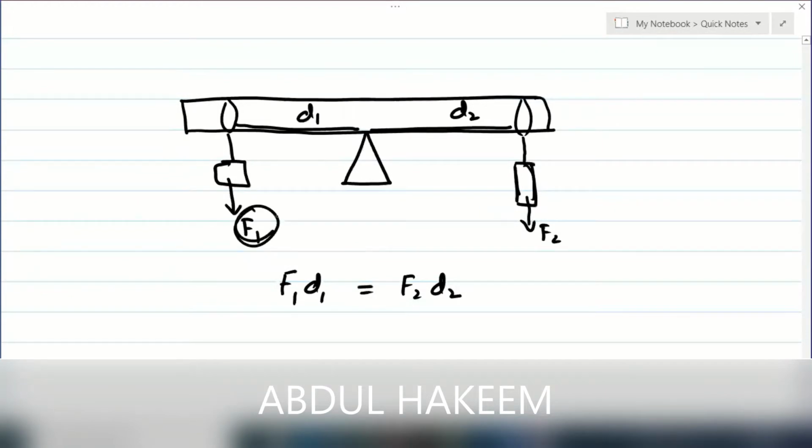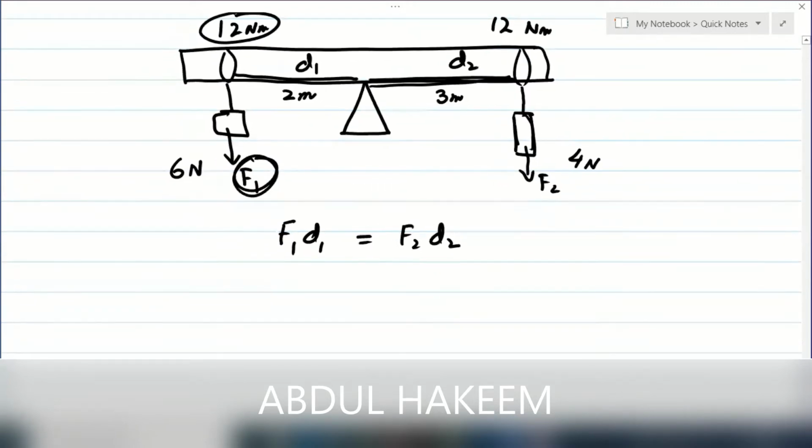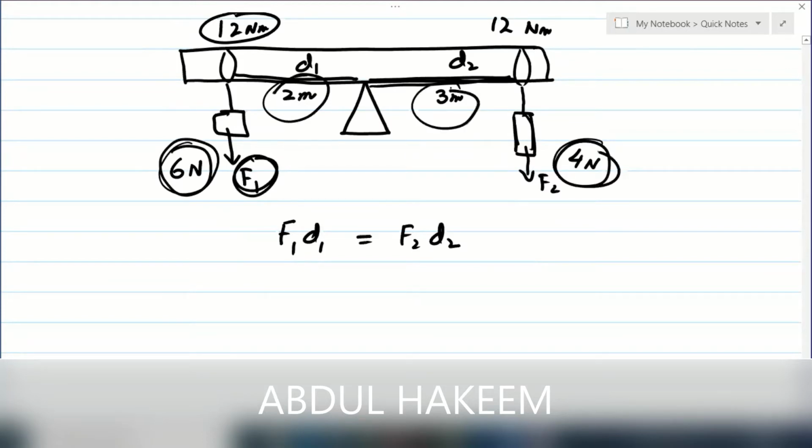If this force is large, for example, 6 Newton, and this distance, suppose, 2 meter, so their turning effect is 12 Newton meter. If this force is just 4 Newton, then this distance will be 3 meter to get the same 12 Newton meter for the equilibrium. So look, in the state of equilibrium, when force is large, distance is small. When the force is small, distance is large.